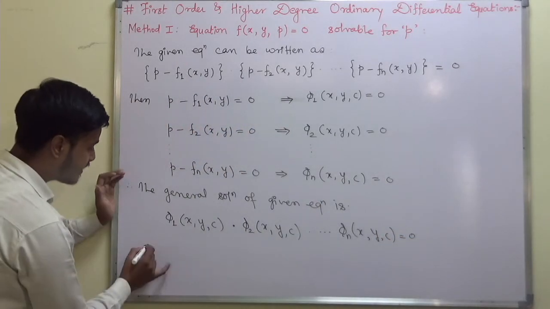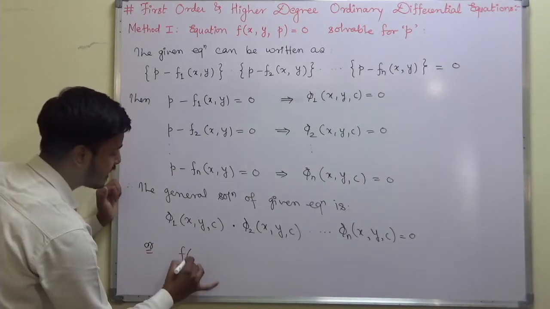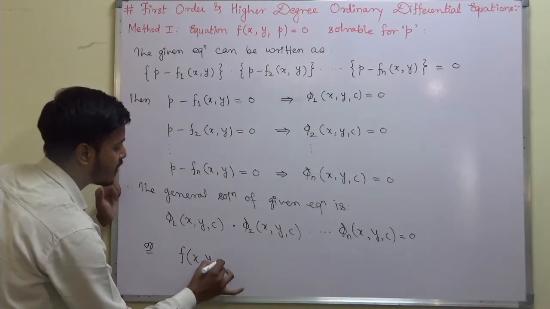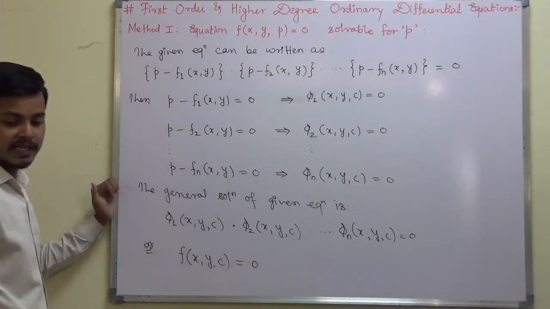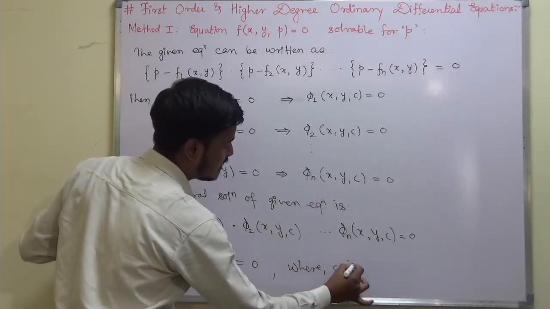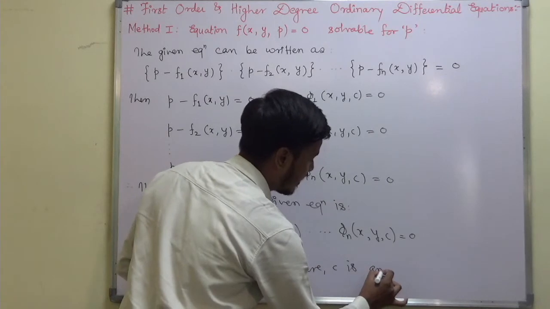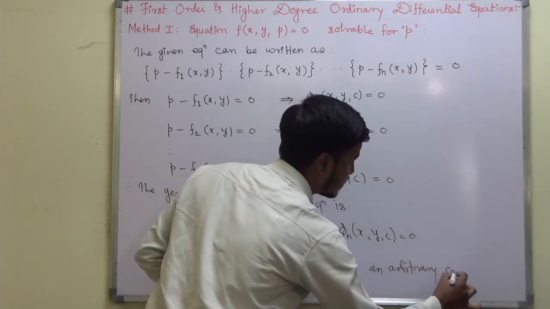Or you can write this combinedly as f of xyc is equal to 0, where c is an arbitrary constant.